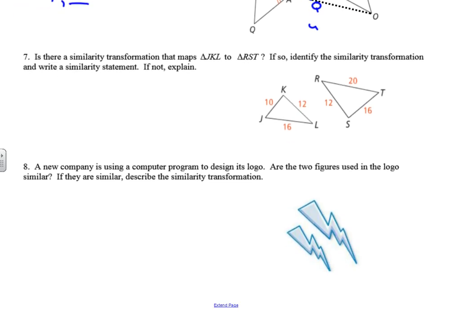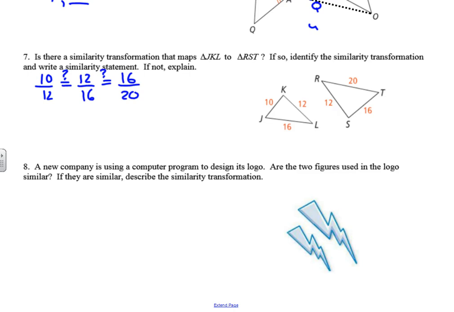Okay, so for 7, is there a similarity transformation that maps JKL to RST? Okay, so let's look at the numbers that we have. So if we have 10, 12, and 16, we're curious, are these all going to be equal? So 10 would match up with 12, 12 would match up with 16, 16 would match up with 20.